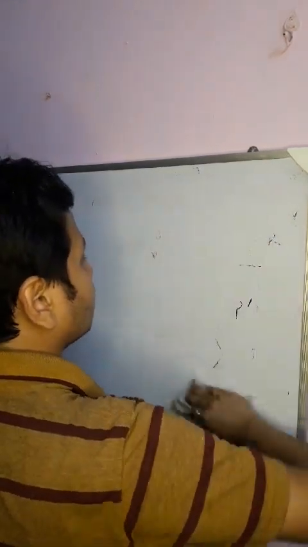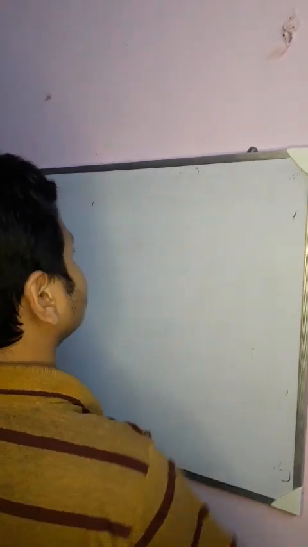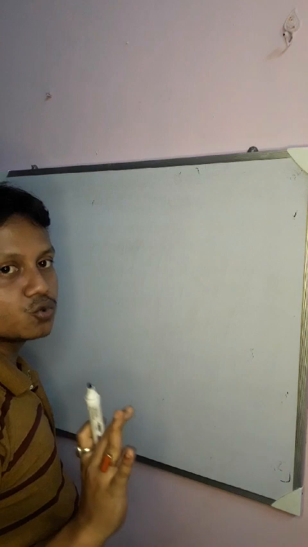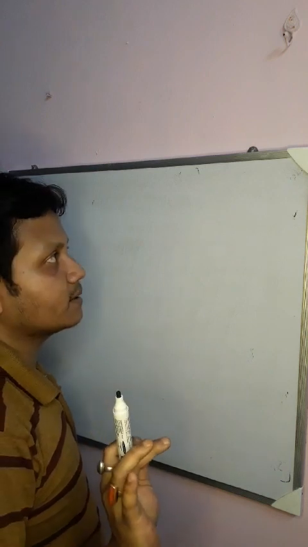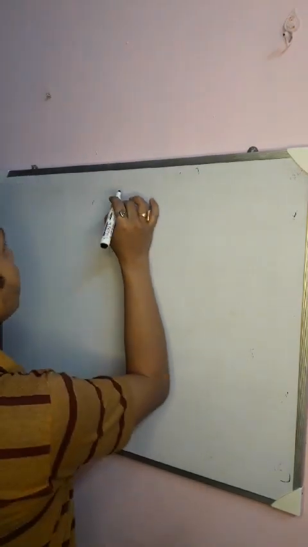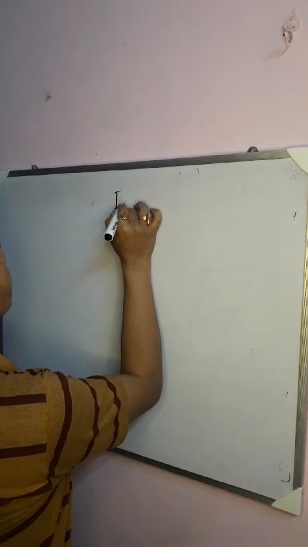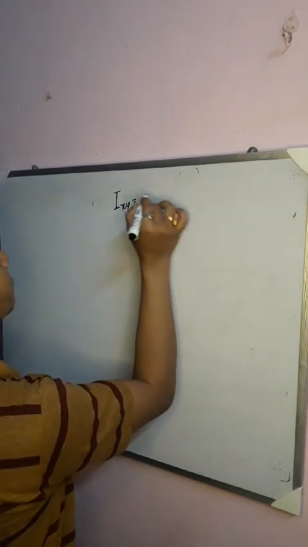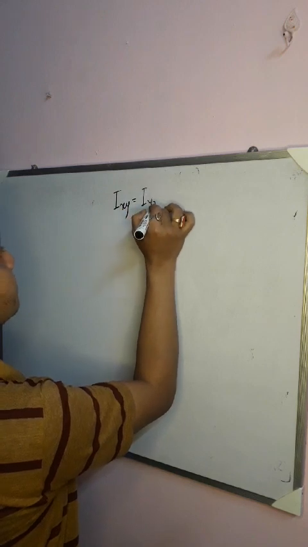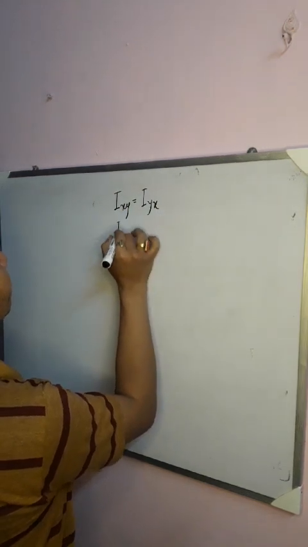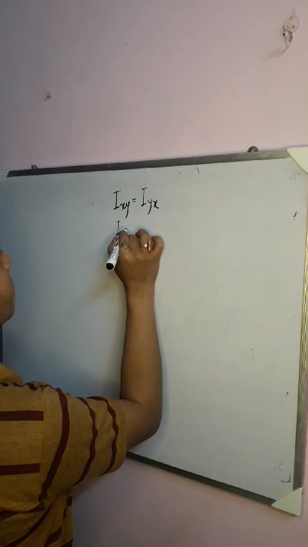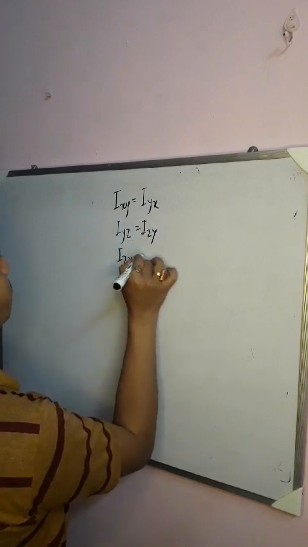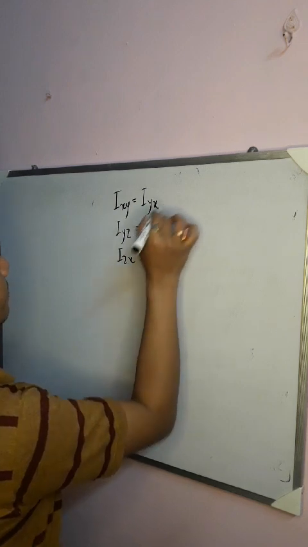Now one thing I have to represent, that whenever we choose the axes in such a way that the product terms vanish. One thing you must know is that these product terms exist in pairs and they are symmetric. That is Ixy equals Iyx, Iyz equals Izy, and Izx equals Ixz.